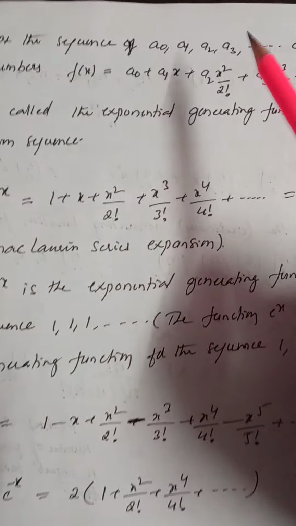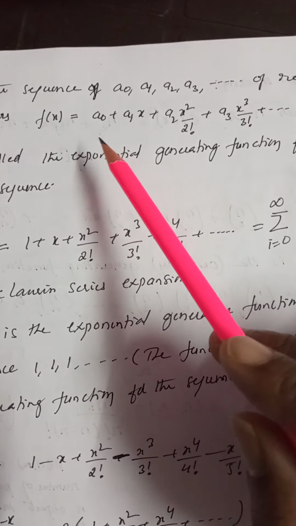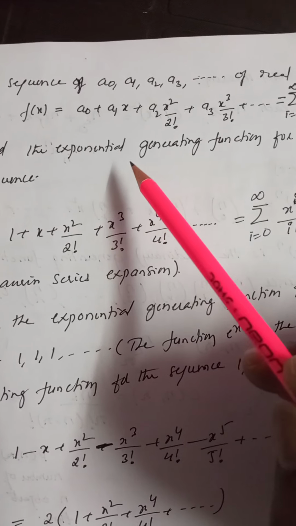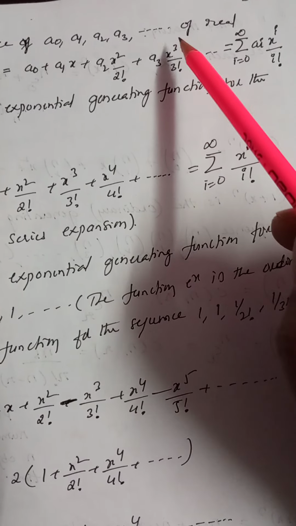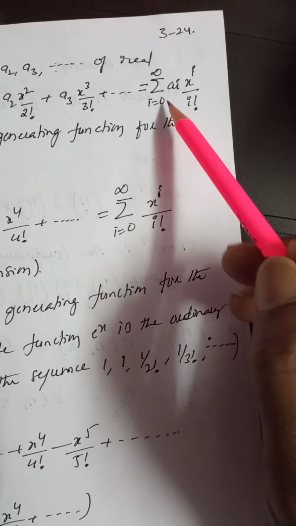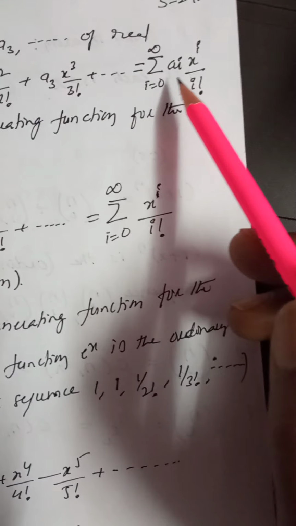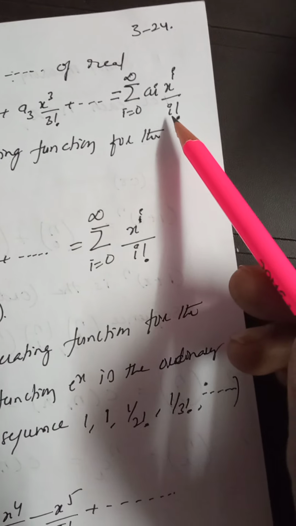Now, for the sequence a0, a1, a2, a3 and so on, real numbers, f of x is equal to a0 plus a1x plus a2x square by 2 factorial plus a3x cube by 3 factorial can be written by using summation. See here, i running from 0 to infinity, ai into x to the power of i by i factorial.